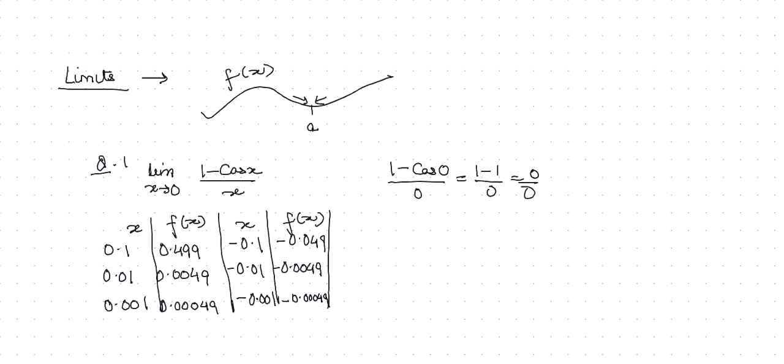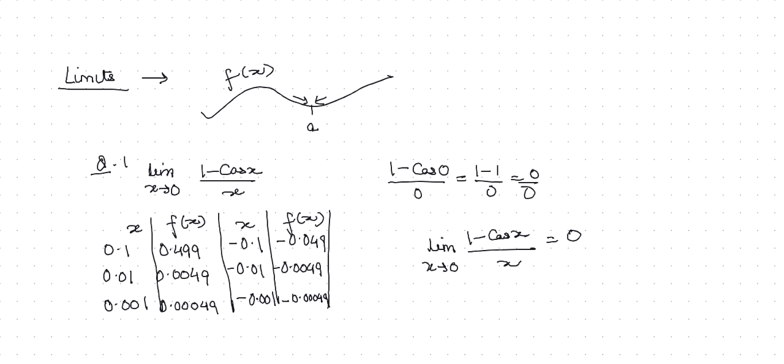So we can say that the function value doesn't exist at x is equal to 0, but when x tends to 0, the limit of this function is 0. So the limit of a function can have a value even though the function did not exist there.